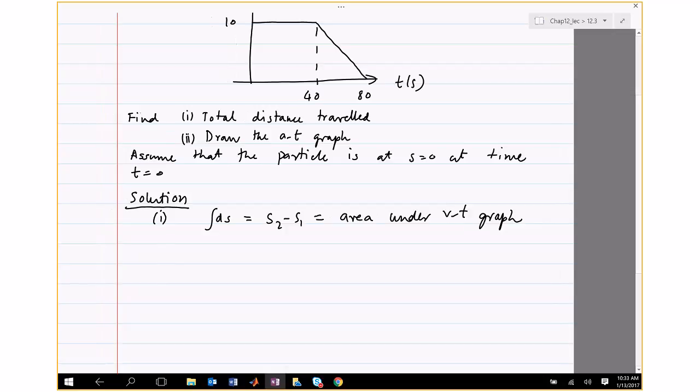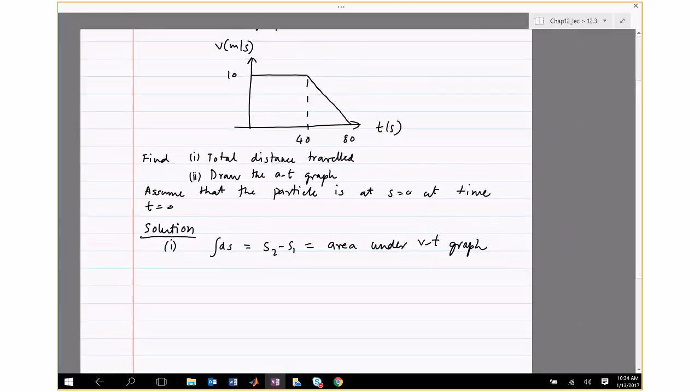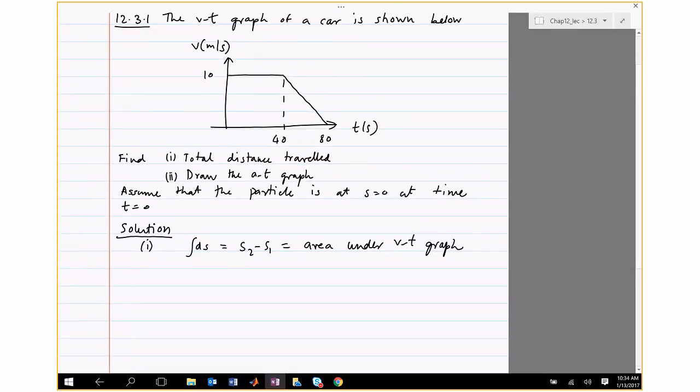So S1 is the position at, in this case, 0. So that's 0. And we need to find the area under the velocity time graph all the way from 0 seconds to 80 seconds. That is given by the area of this rectangle and then the area of this triangle. So S2 is the area under the VT graph. Let me get the area of the rectangle first.